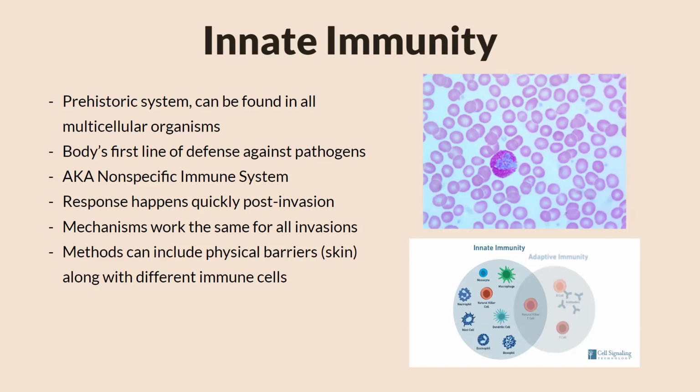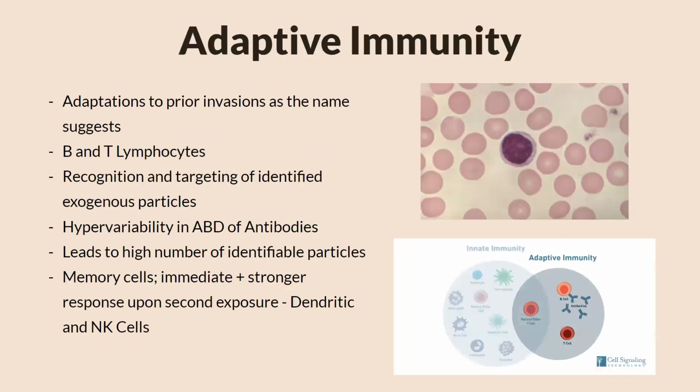The response happens quickly, and the mechanisms are the same for all invasions, so there's no adaptability. The inflammatory responses are going to be the same. You have physical barriers like the skin and then the different immune cells, and there's a little breakdown over there. That's not all of them, but you don't have to get into that much detail.